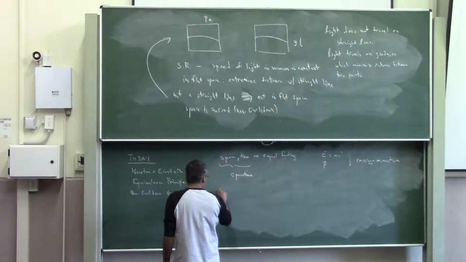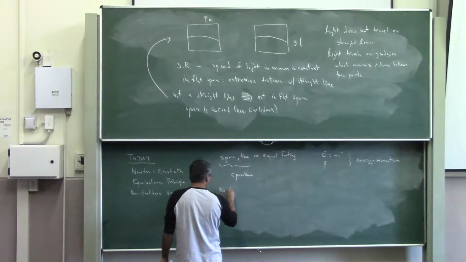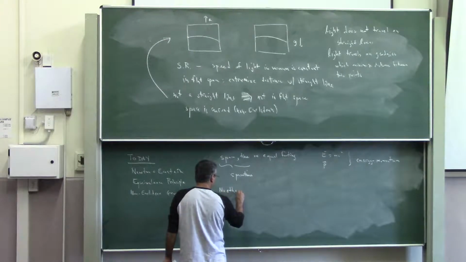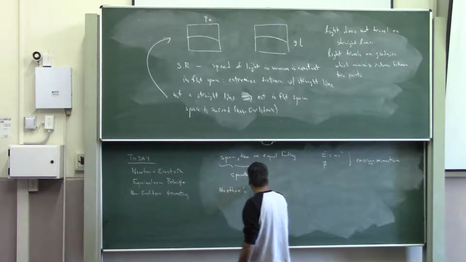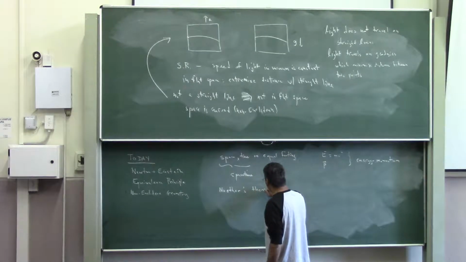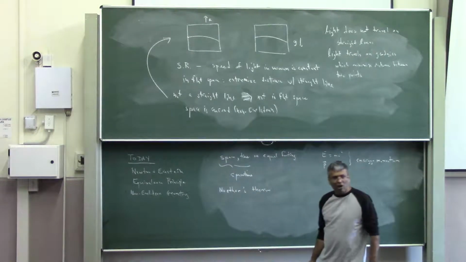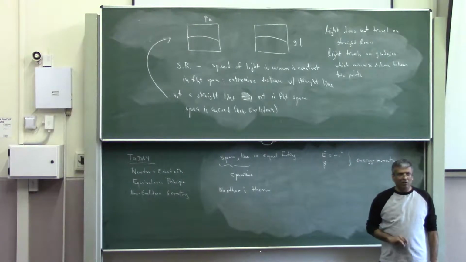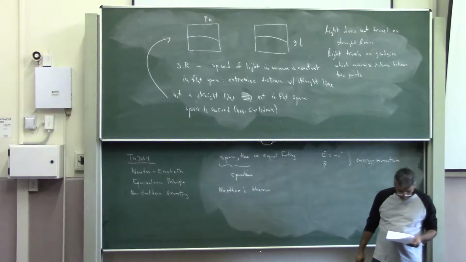So, there's a theorem. This is one of the more famous theorems in physics. It's called Noether's theorem. Curiously enough, Noether's theorem was developed in 1915, the same year as general relativity was developed.